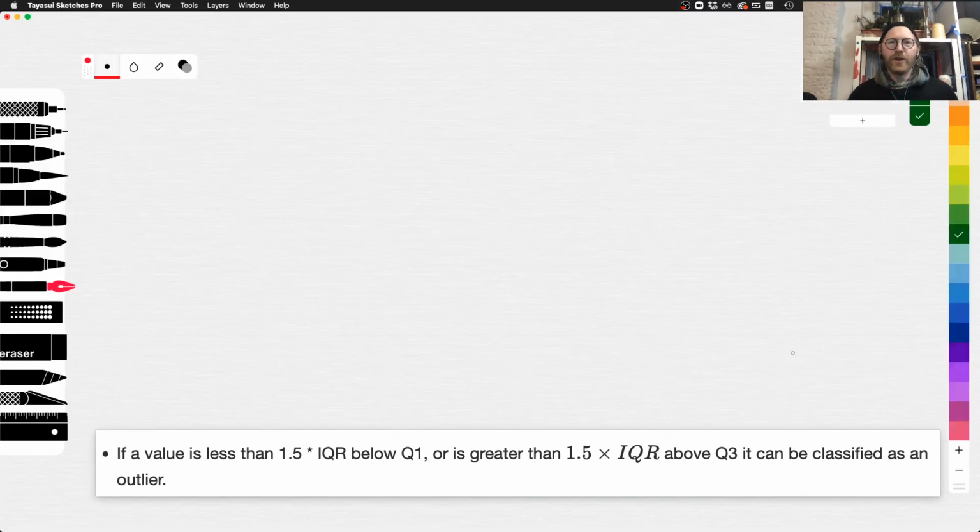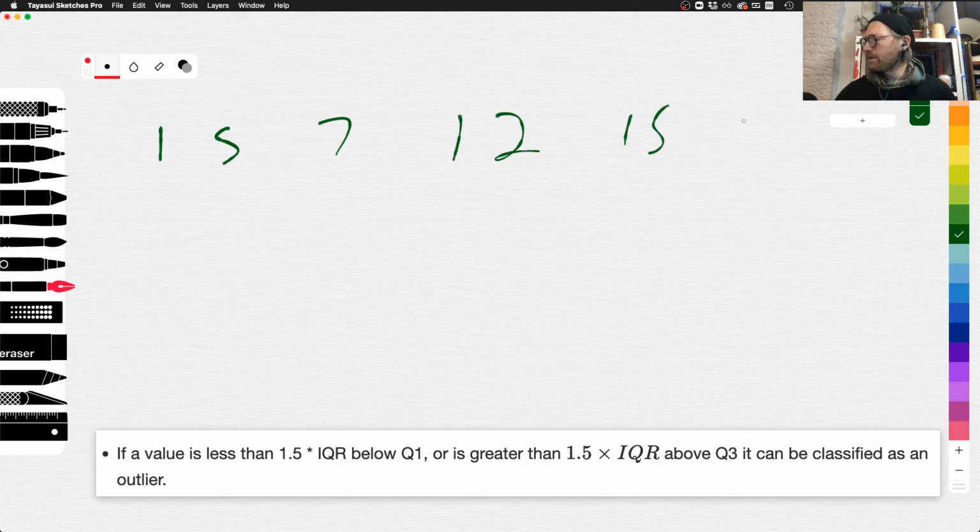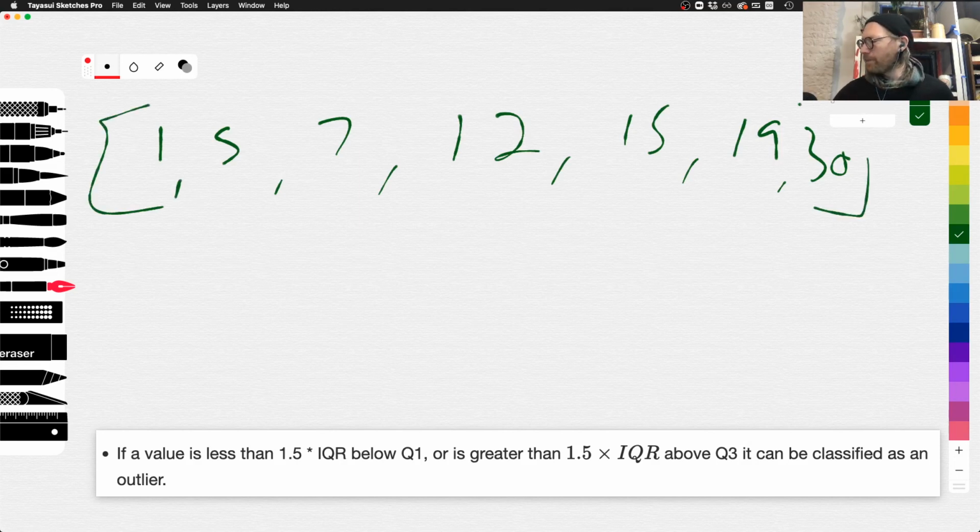And let's just try to think about this in a pen and paper kind of way. So let's do 1, 5, 7, 12, 15, 19, and 30. Right, so there's our data set. A little sloppy, but that's okay.